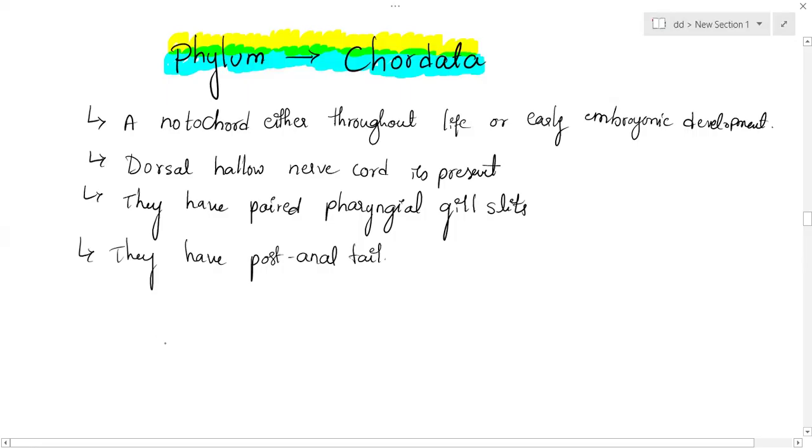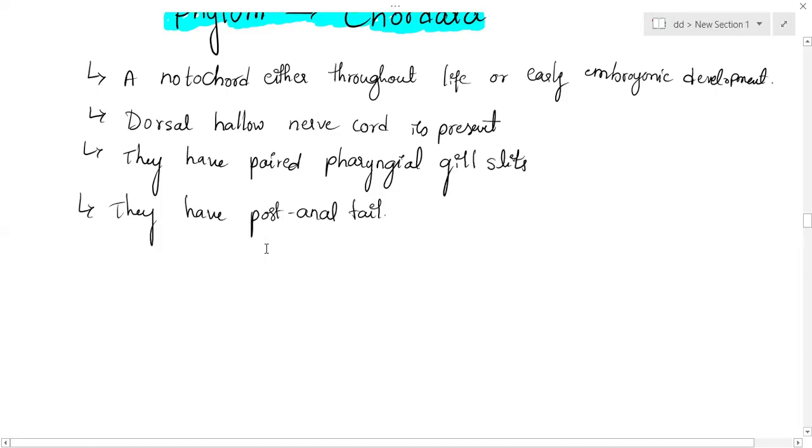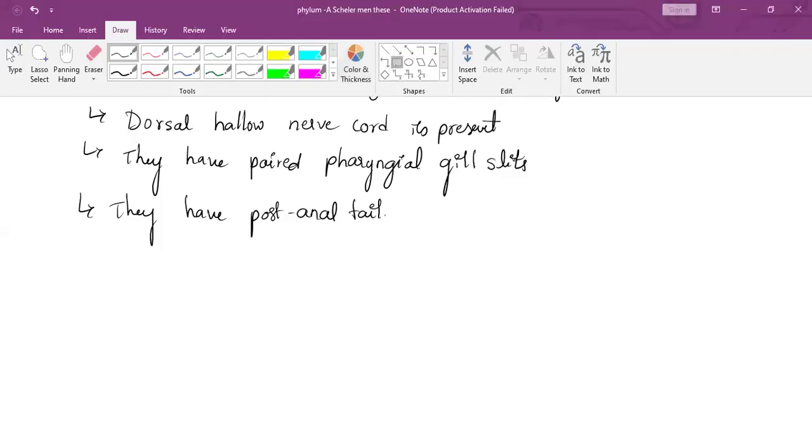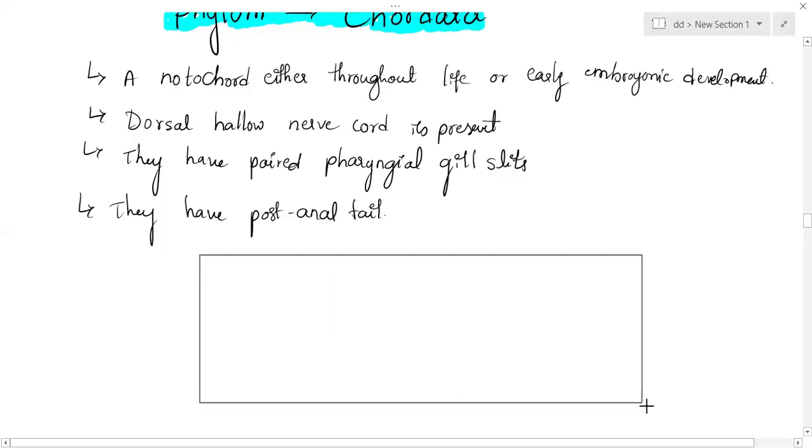So before going into detail on other characters of phylum Chordata, we discuss the difference between chordata and non-chordata. Let me put one table so that we can easily write all the differentiation between the phylum Chordata and non-chordates.